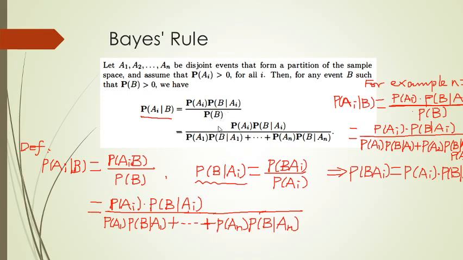And why do we need to evaluate this conditional probability? Given that event B occurs, we get the probability of the partitions.